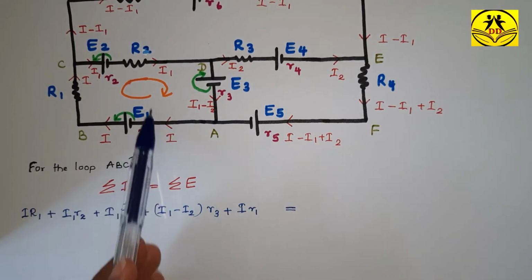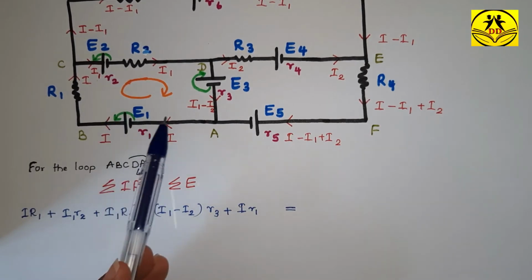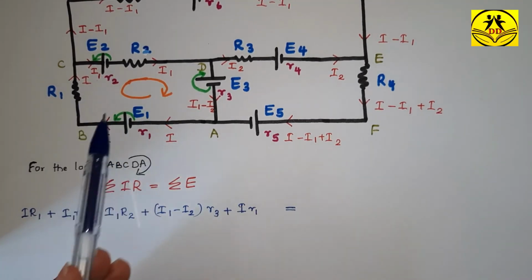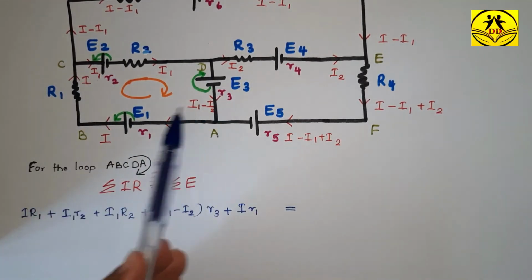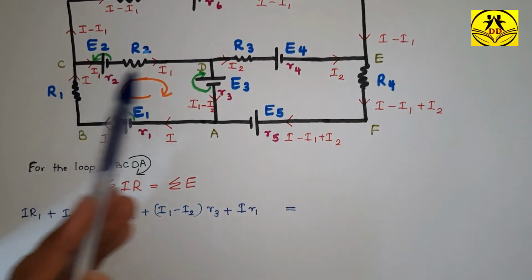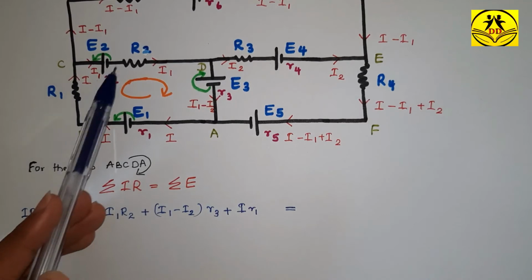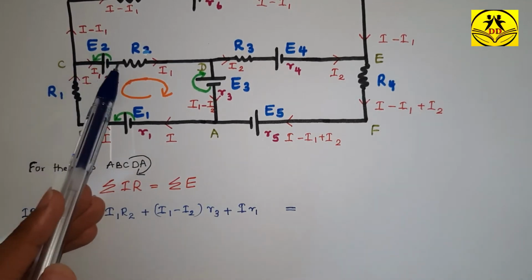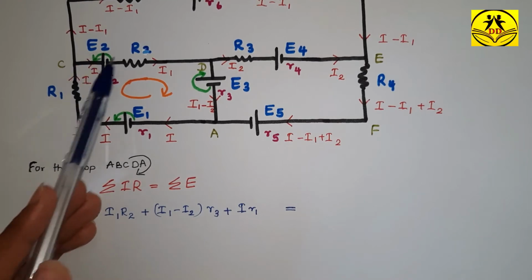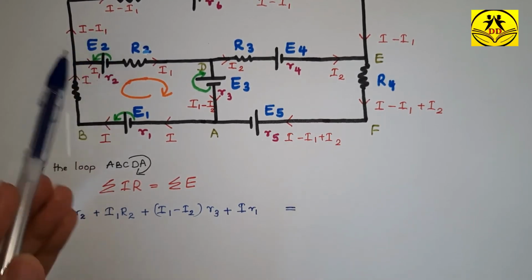Now you see, consider cell E1. The EMF of the cell is to the direction of the loop. This way, the loop goes this way, so it's to the same direction. But see here, loop is to this way, but in E2 cell, the EMF is to the opposite direction. So in such cases, this is considered as minus E2.